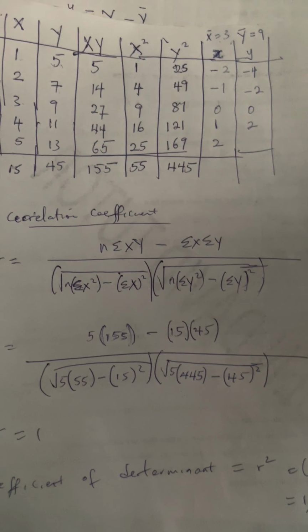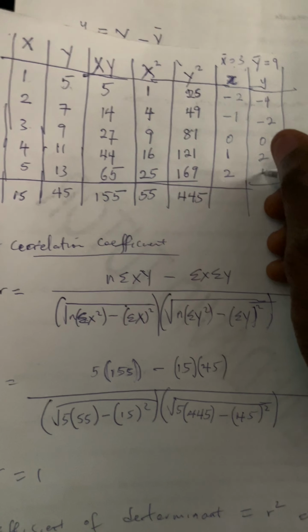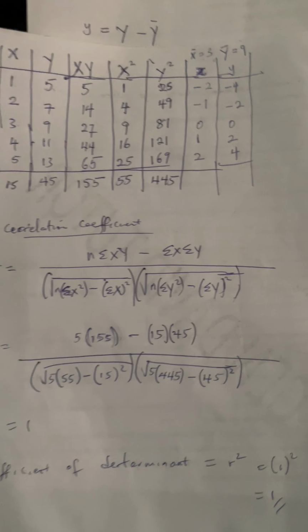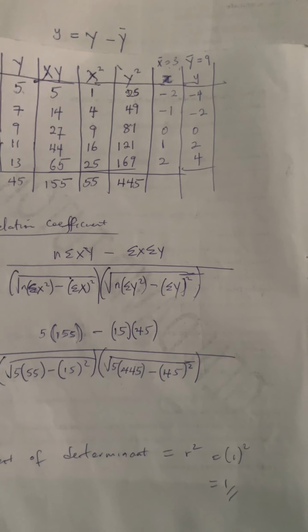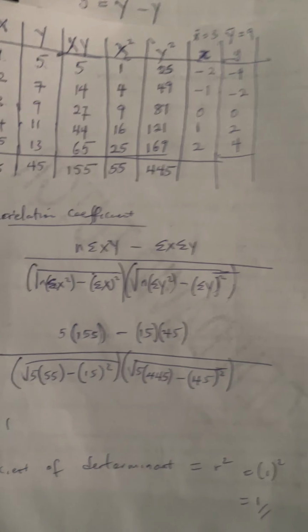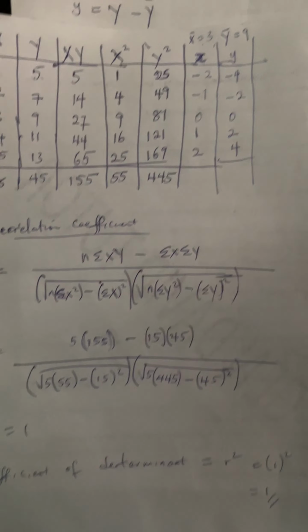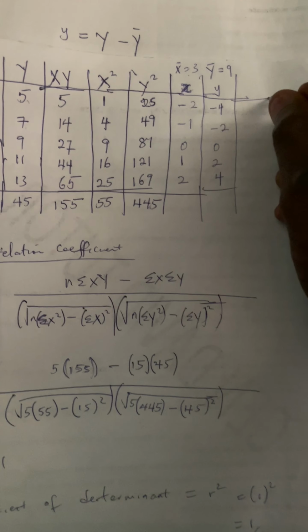Then 13 minus 9, that is 4. Don't forget, we are converting the uppercase to the lowercase. And therefore the formula will change. Though it is the same thing, there are some examiners that mandate you to use the lowercase, and you'll be given the uppercase values.